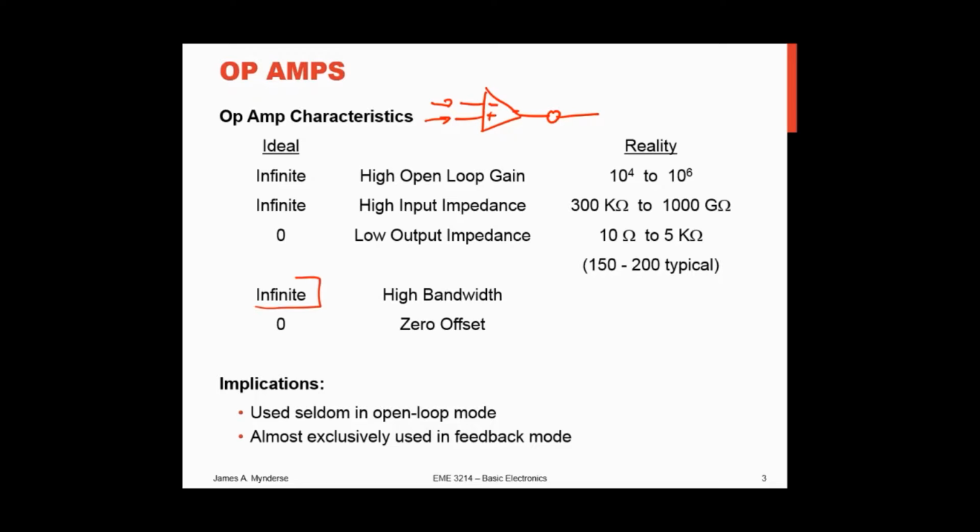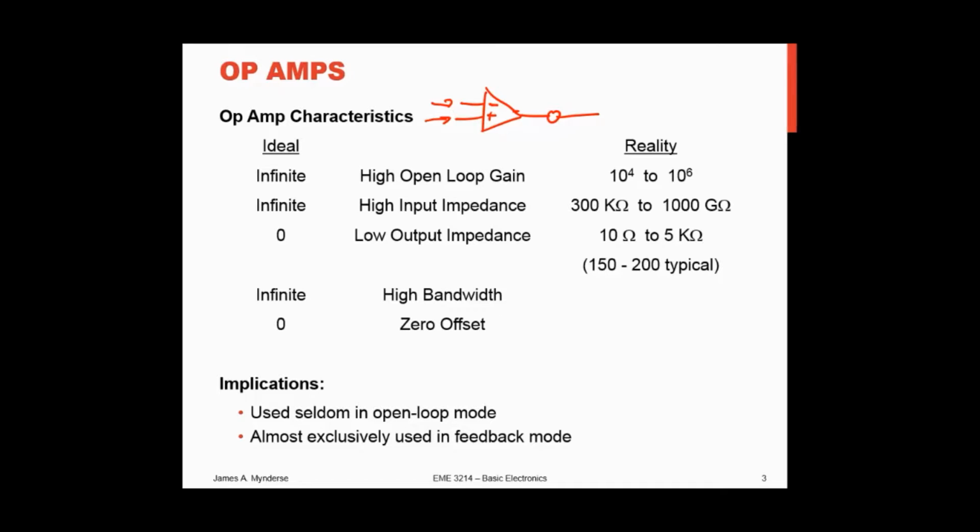Bandwidth, we assume it's infinite, so if I give it an exact square wave in, you get an exact square wave out somehow. It's not infinite. Somewhere in this presentation we'll look at a picture of the frequency response. But for most mechatronic applications, it's good enough. And what it comes down to is, for your particular application, if you have a fairly demanding circuit and you need some fairly high-speed response, you can find an op-amp that will probably do the job.